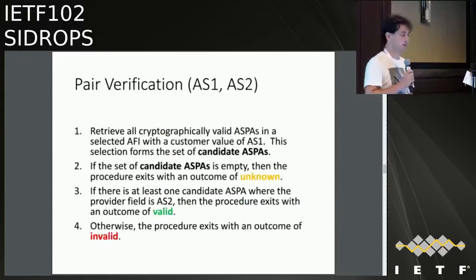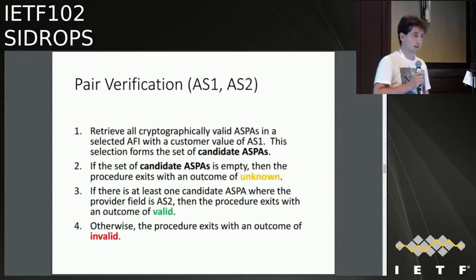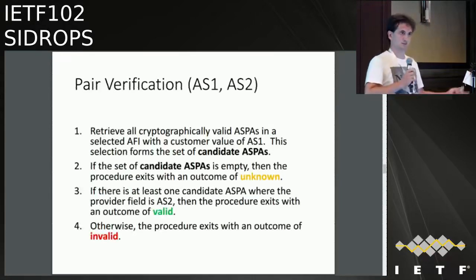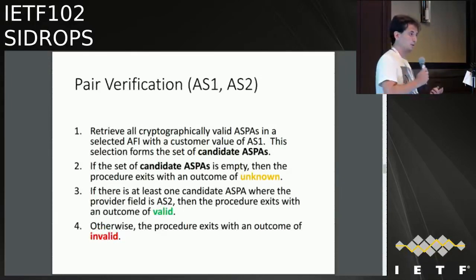So let's go to the verification process. I think I don't need to describe that we can split the AS path into pairs of different ASNs, where all prepend values are ignored. After that, we have a verification process that is very similar to ROA validation. We gather all candidate ASPAs and check if there are overlaps.